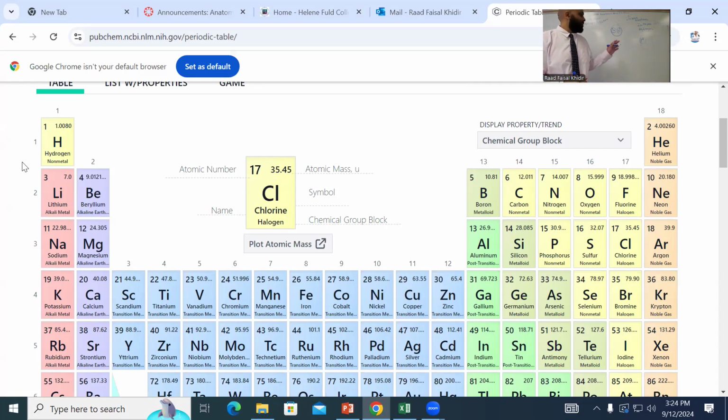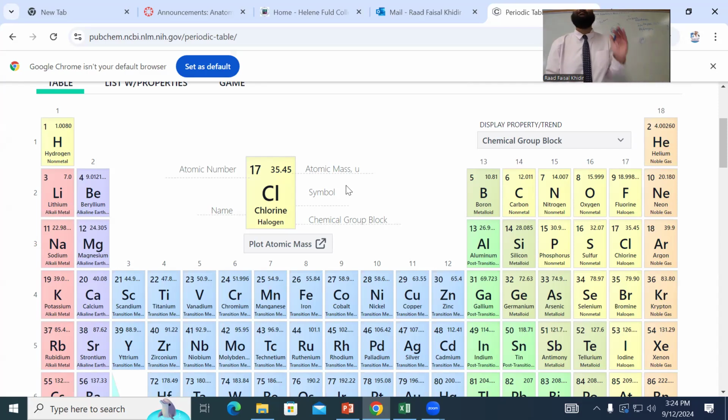So they all must have the same number of protons. If the number of protons increases, you're going to change to a different atom. So imagine deuterium had 2 protons. Now its atomic number is, who's number 2 in the periodic table? Look, that's helium. So now I'm no longer hydrogen.